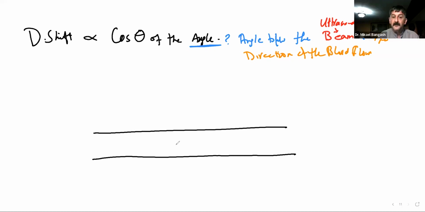Okay, so you think this is a blood vessel, my dear? Yes, Dr. Marissa. Do you think this is a blood vessel? Marissa, was that you who said yes? I guess not.